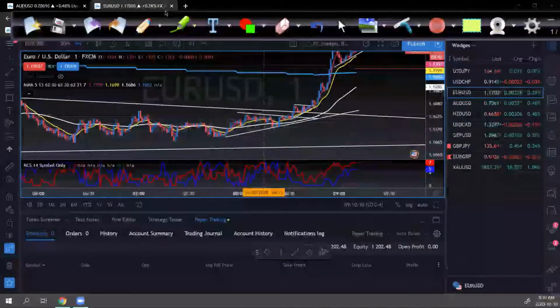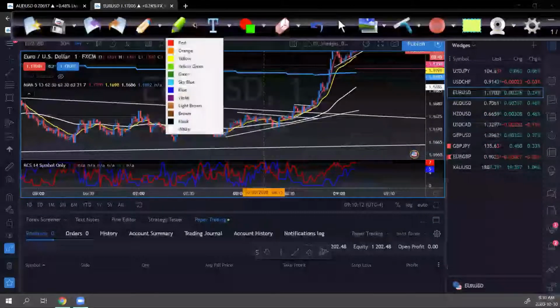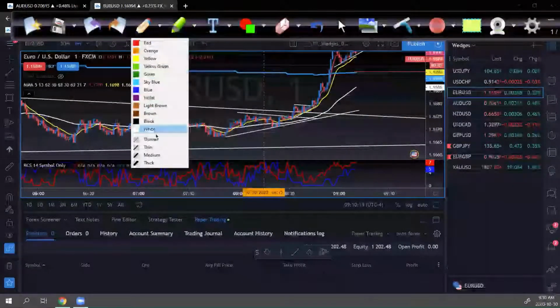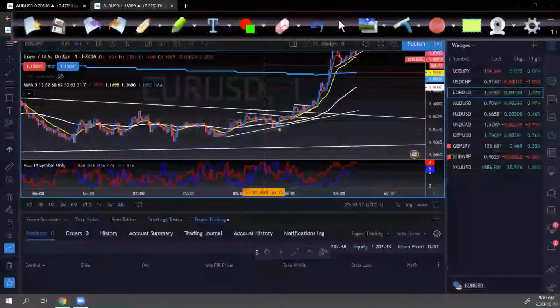I guess that's the best way to explain it. Here, you're going to look for that to separate, and as it separates and gets more distance, that means the strength is there.